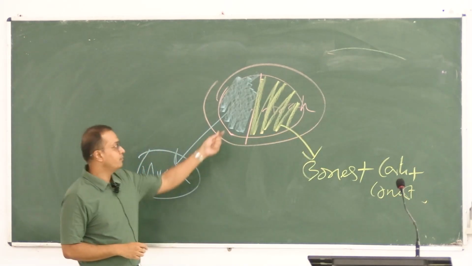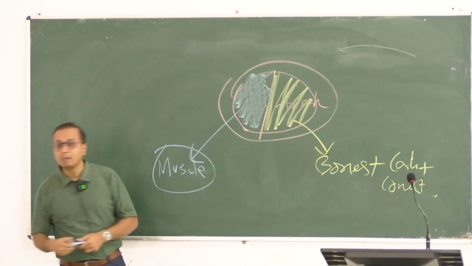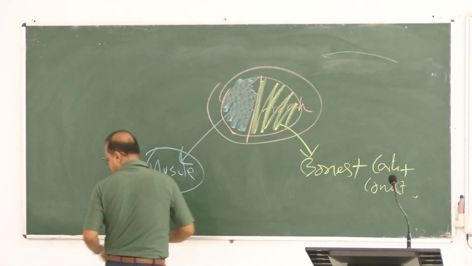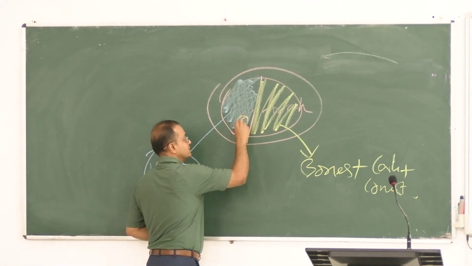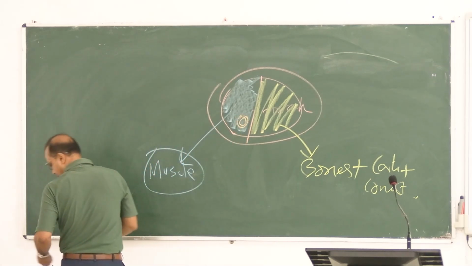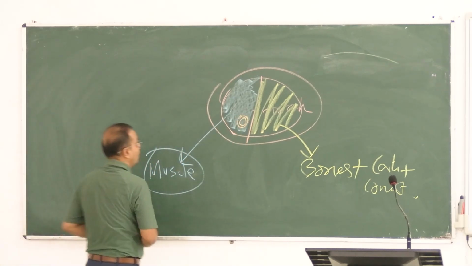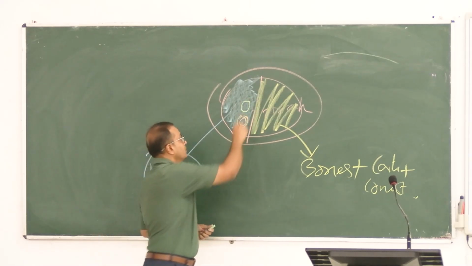Now if you have the muscles there, we have to have a blood supply to these muscles. And if we have a muscle there, we must have a nerve supply to it.